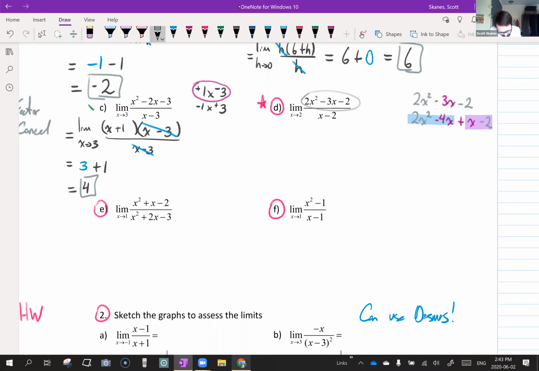So what's the common factor here? You need experience to be able to do this, which is why I won't actually go through it that slowly. The common factor is definitely 2, and there's an x as well. So if you factor out 2x from those first 2 terms, you end up with x minus 2. And what's left is x minus 2.